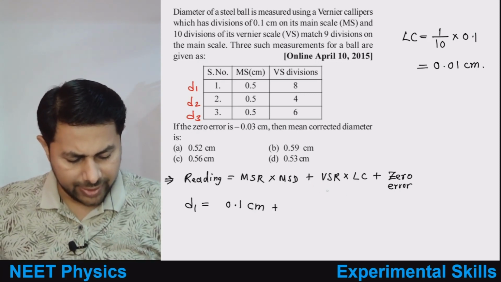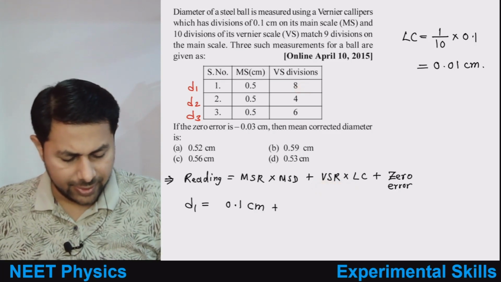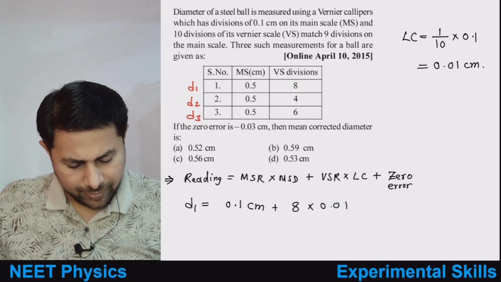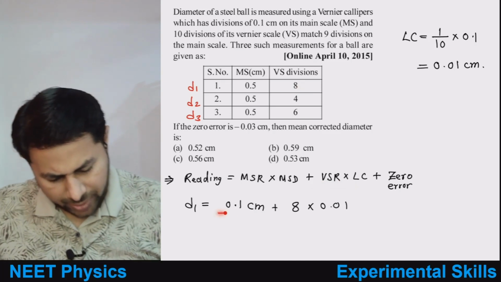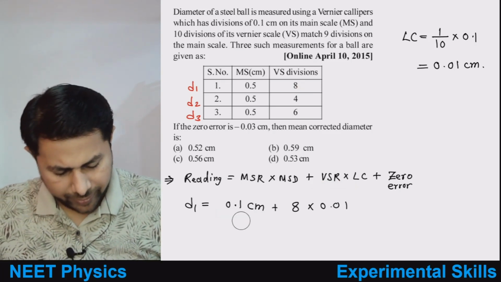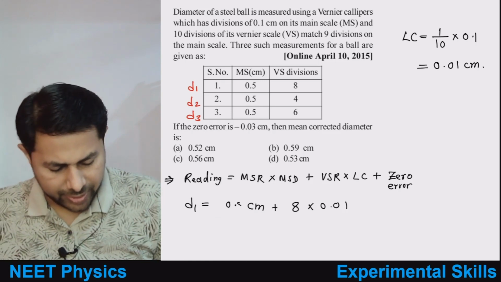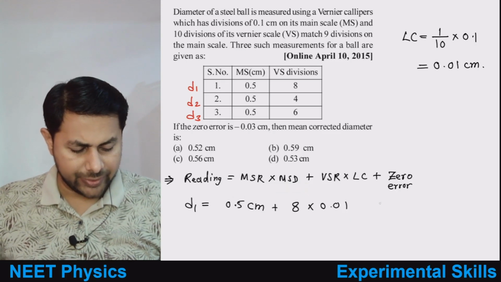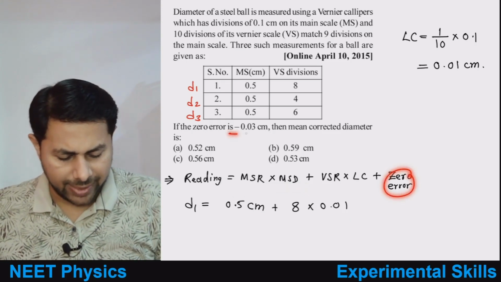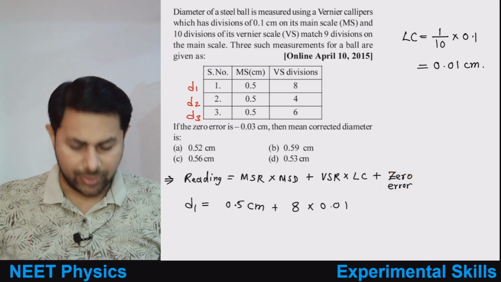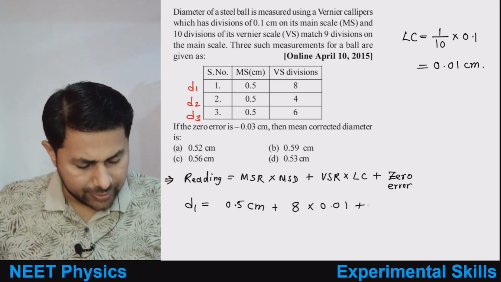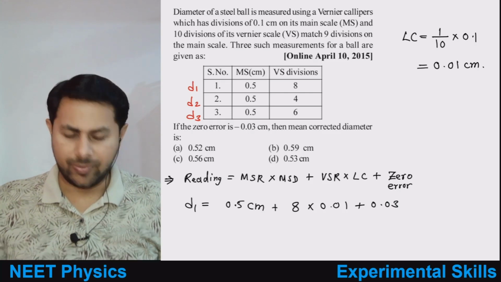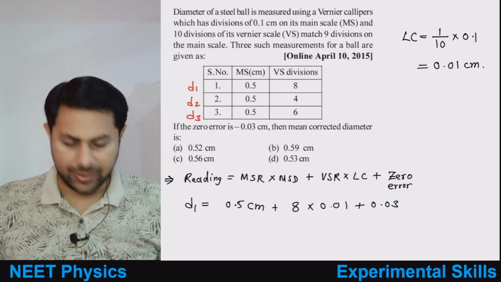What is the Vernier scale reading? The first one is 8. So 8 times 0.01. How did I write 0.1 here? It's 0.5 centimeters, directly the reading is given. Then what's the zero error? Minus 0.03, so add it up. If error is negative, that much value is added.